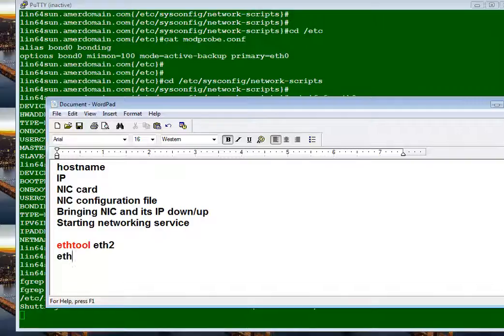Then there are settings like auto negotiation, or full duplex, or speed is 100 Mbps, 1000 Mbps, right?